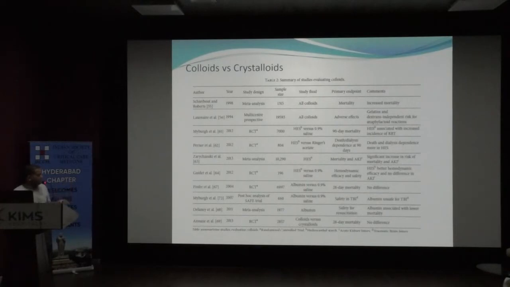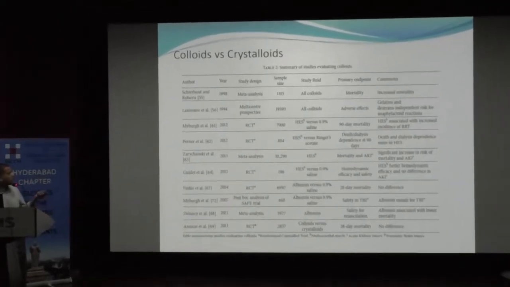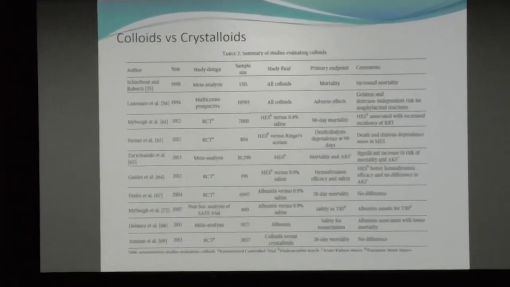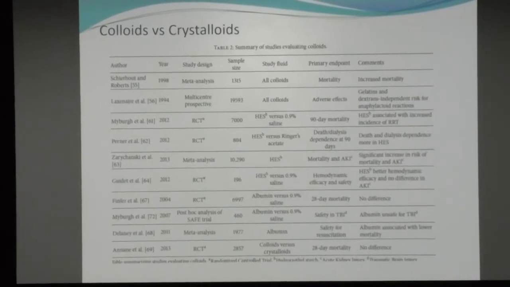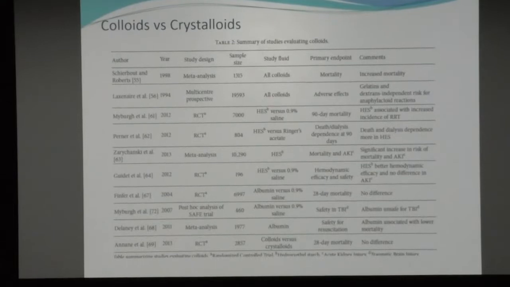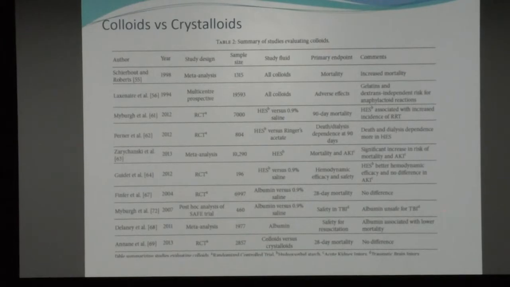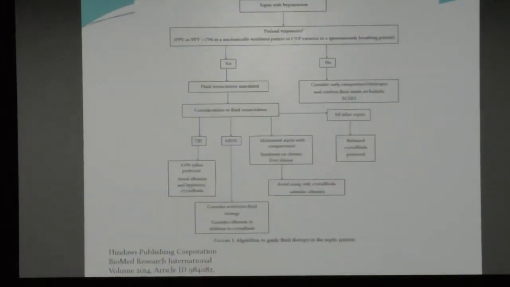Most of the colloid versus crystalloid studies say there is no difference, and only in the post-hoc or subgroup analysis is albumin shown to have some mortality benefit. But the important point here is the post-hoc analysis of the SAFE trial: albumin is unsafe for TBI. This is one of the take-home messages.